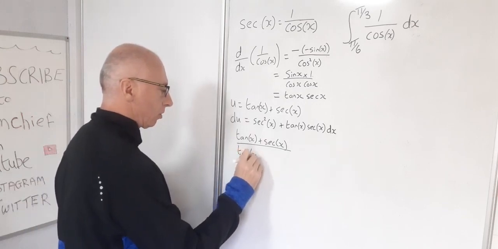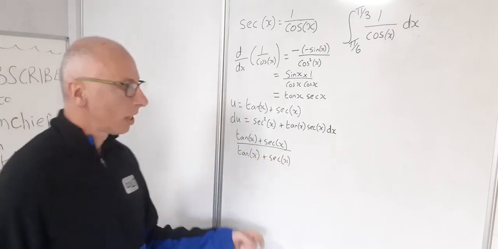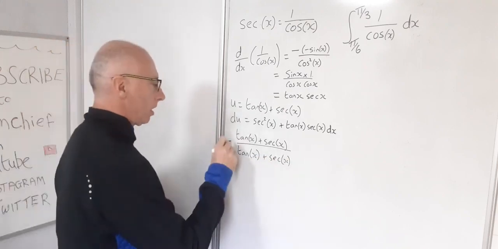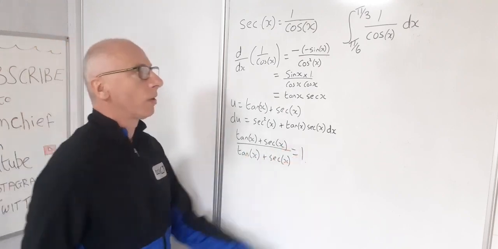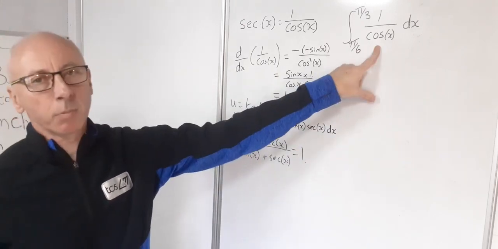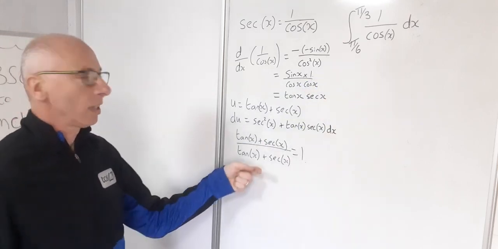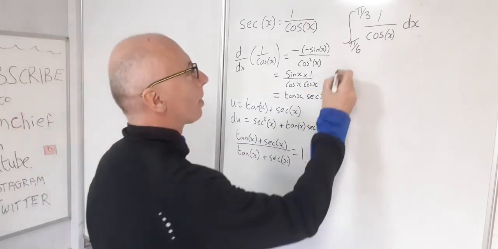That'll be a nice little trick, which is hopefully going to give us some cancellations. And we know that this is equal to 1. So if I multiply by this, I'm not going to be changing my integrand at all. So first things first, let's plug that in and see what happens.